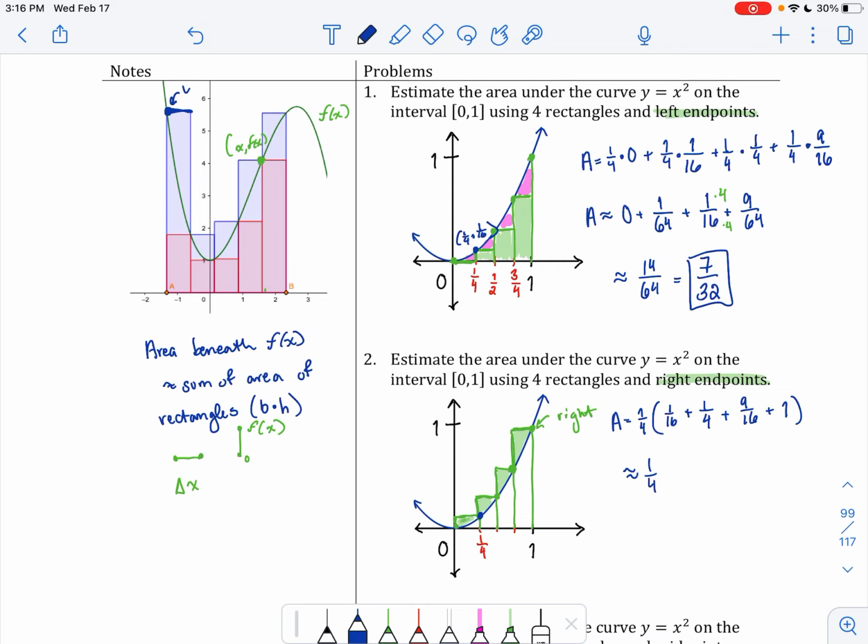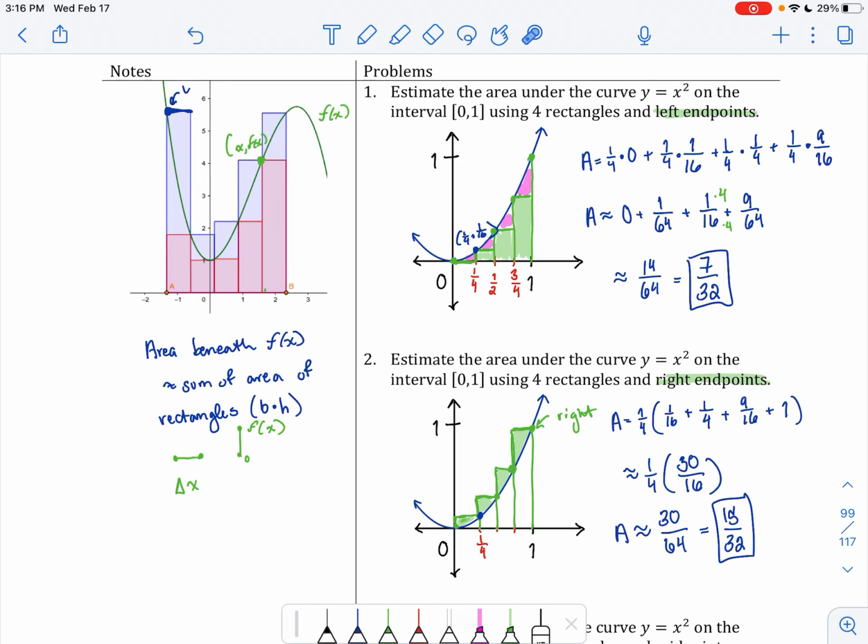Since the bases are all the same, I'll keep the 1/4 here, and then this becomes 30/16. So the area here is approximately equal to 30/64, which we could express as 15/32.